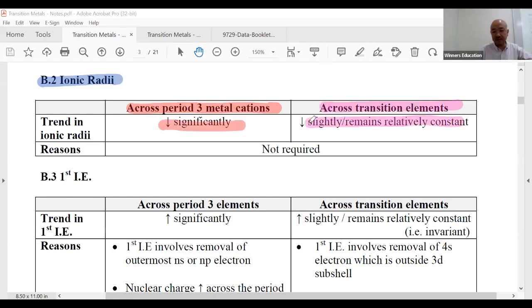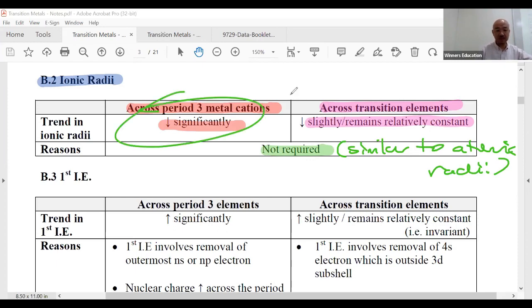Transition metals are invariant, all right? Reasons are usually not required, but if needed, the reason is similar to the above, to the atomic radii. So again, think through it. Take two elements out and then discuss, all right? These are all your atomic structure as well as your periodicity, right? You've done this before. So go and take a look on your own.